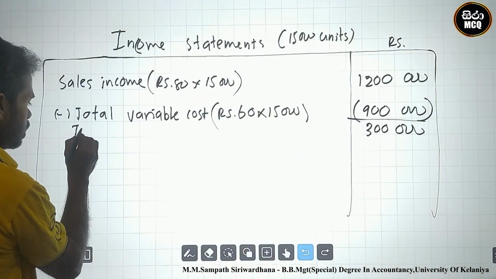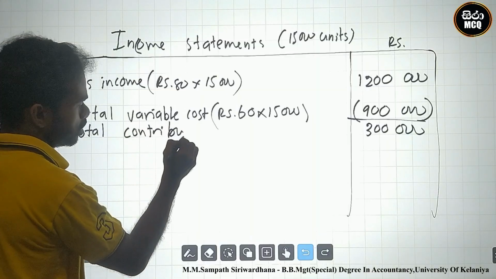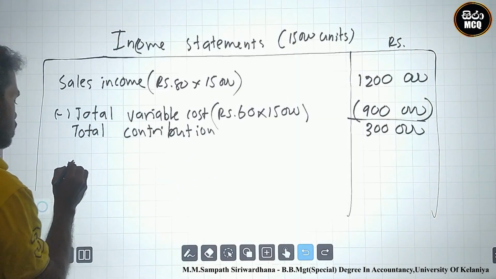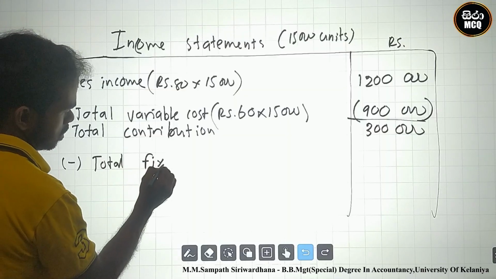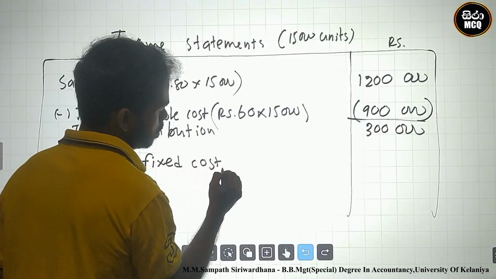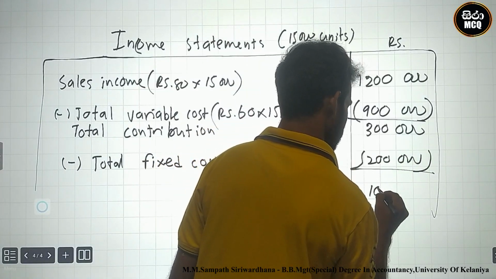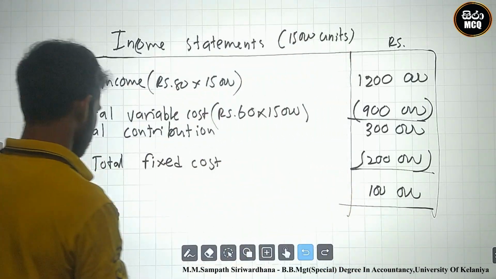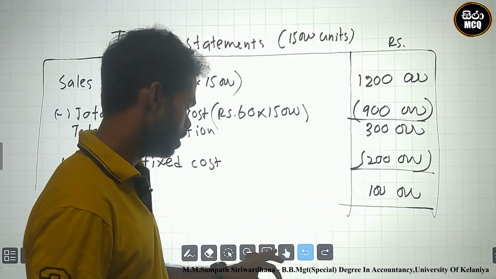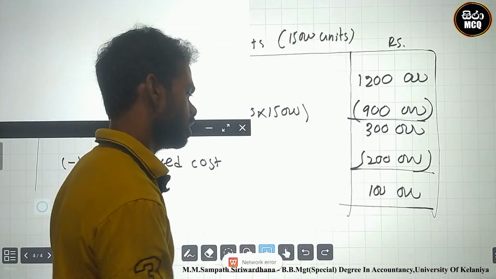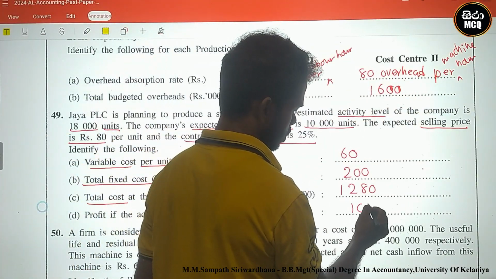This is the total contribution. After that, we must deduct another cost, the total fixed cost, which is 200,000. The answer is 100,000. This is the profit. In thousands, I write 100.